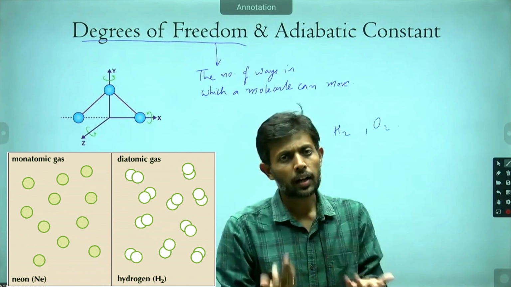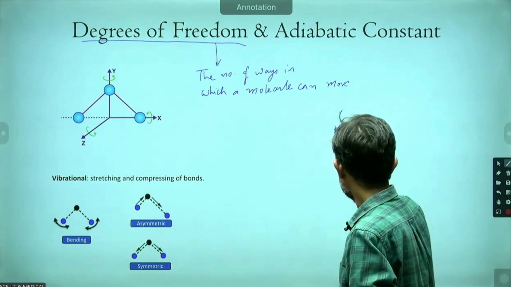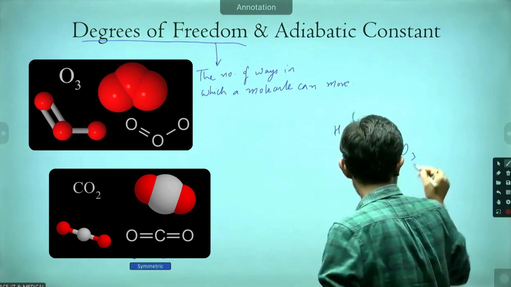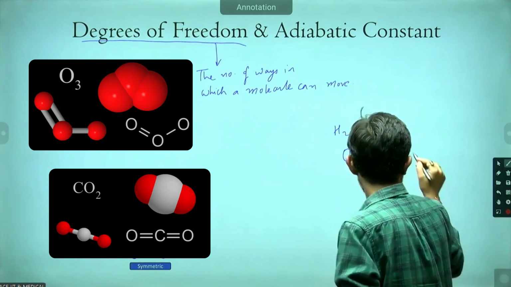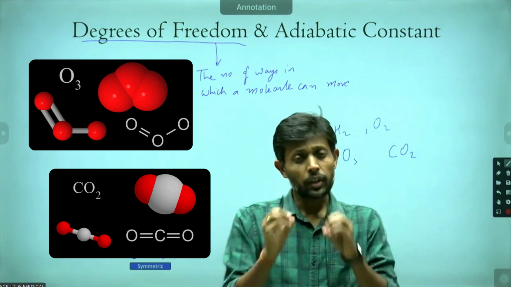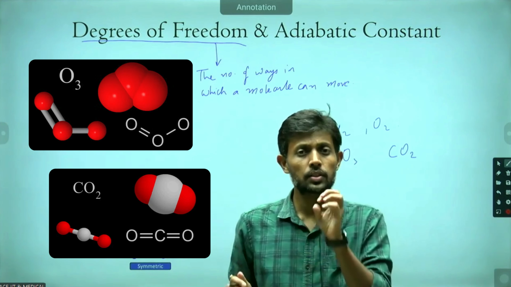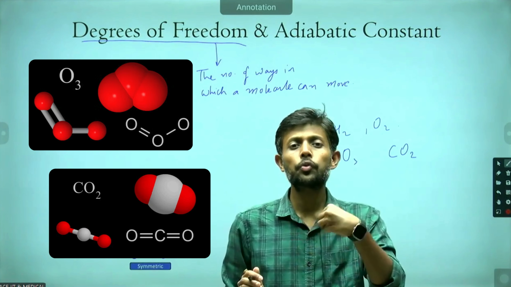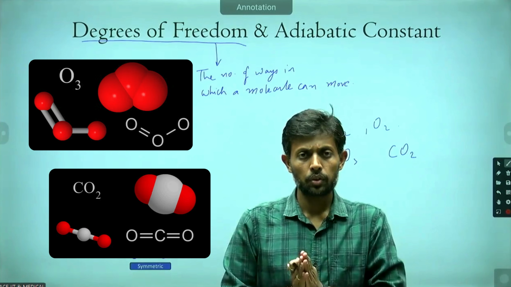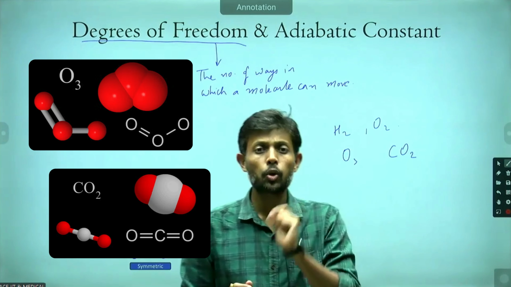We have triatomic gases like ozone, carbon dioxide, CO2, and so on. Now, each of these different gases, each of these molecules will have a different number of degrees of freedom. And that is what we are going to count. Let's get started with monoatomic gas.